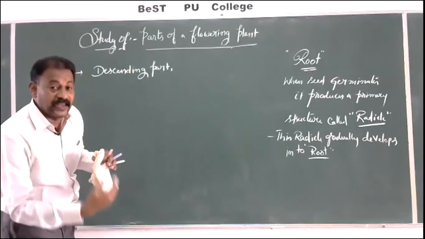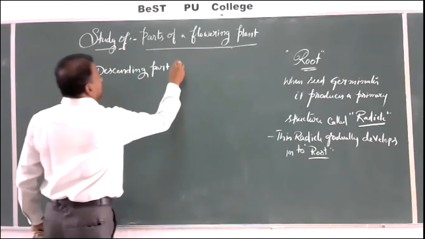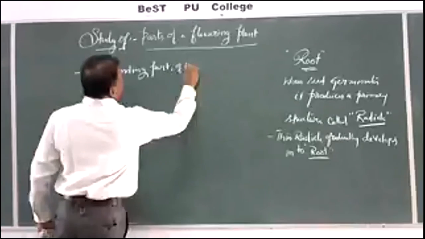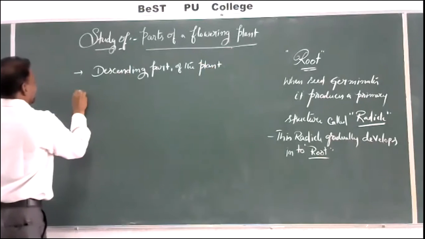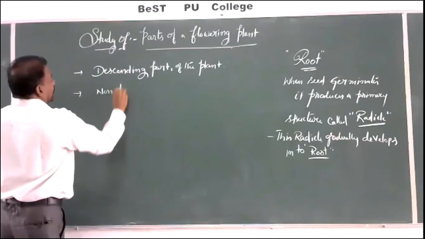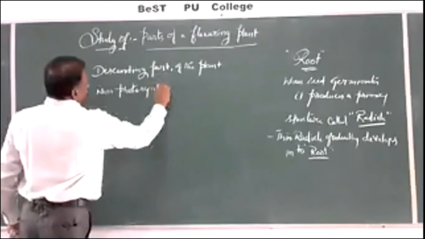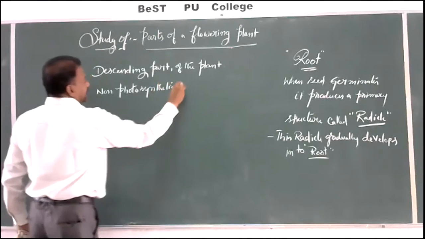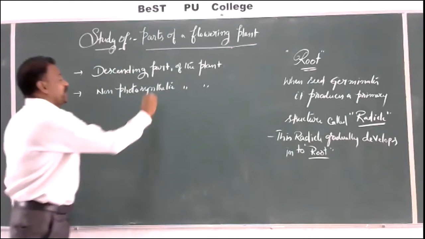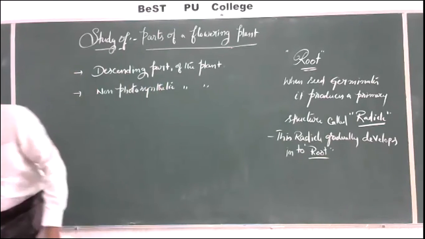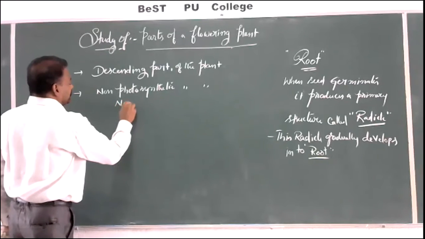So it grows downward. Downward means where? Into the soil. Descending part of the plant. Non-photosynthetic part. Non-photosynthetic means it does not perform the process of photosynthesis. It is non-green.